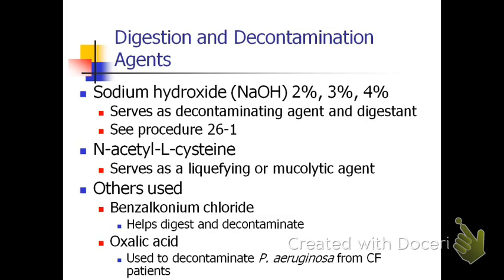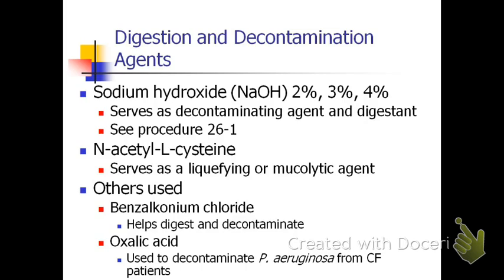And then the purpose of the decontaminating agent is, of course, to remove unnecessary microorganisms that could probably contaminate the specimen. Okay, so the possible agents that we could use would be sodium hydroxide in the form of 2, 3, or 4%.